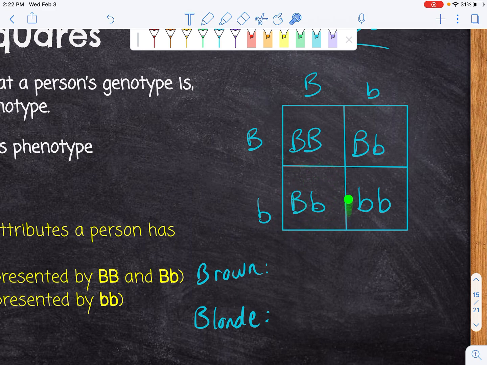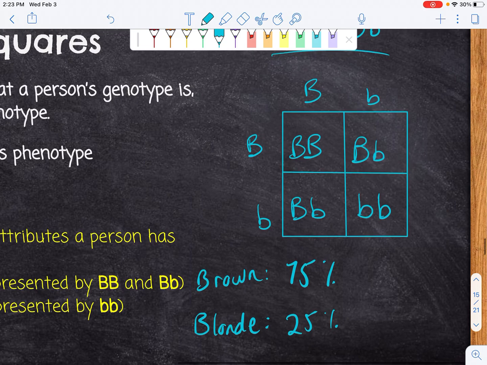This third one has the dominant allele, so it has brown hair. So together, this is 75% of the offspring have brown hair. And my last 25%, this last box on the bottom right, they are only recessive alleles here in this genotype. So that means that that 25% of the offspring would be blonde.